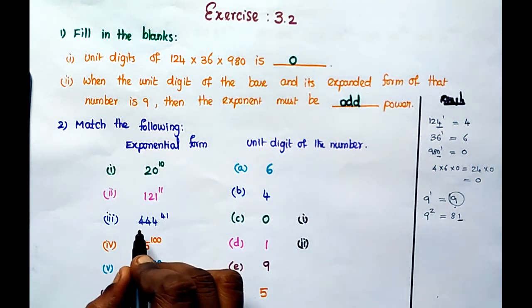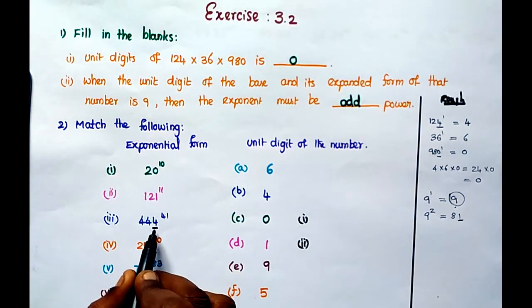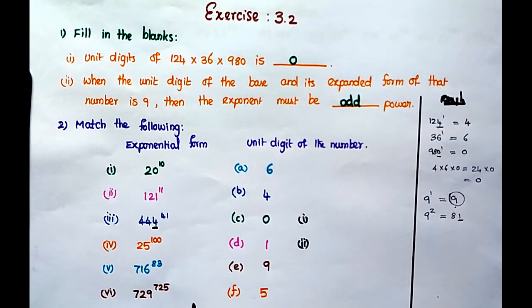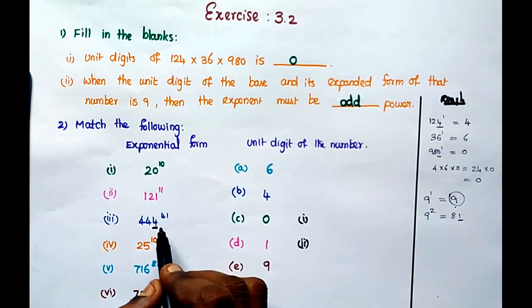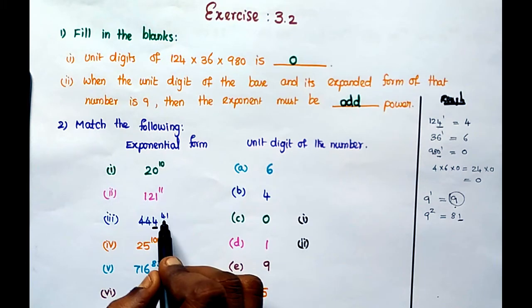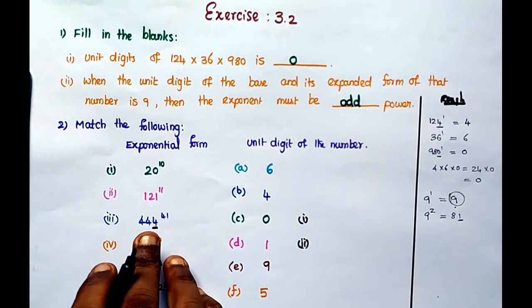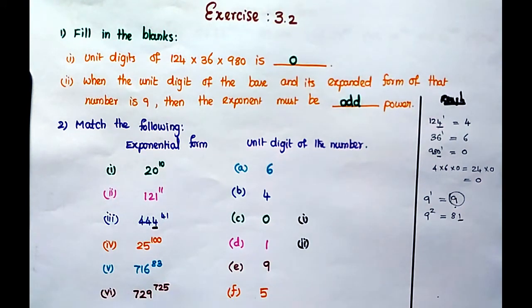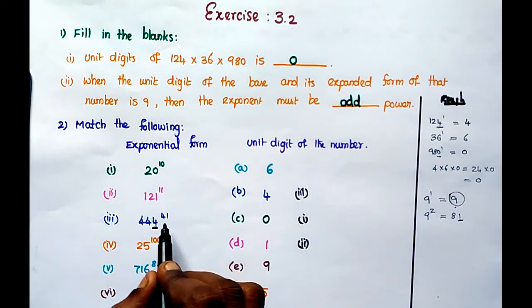Next one, 444 power 41. The base ends with 4. Power is 41. Odd number or even number? Odd number. Odd number means we get the unit digit 4. So that is third.